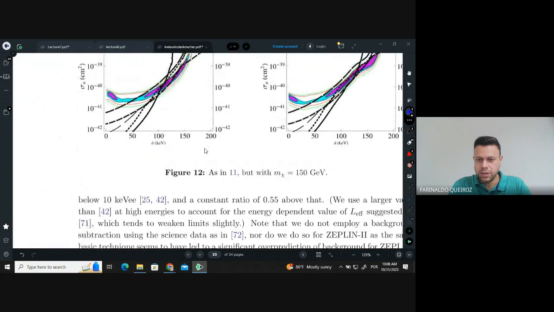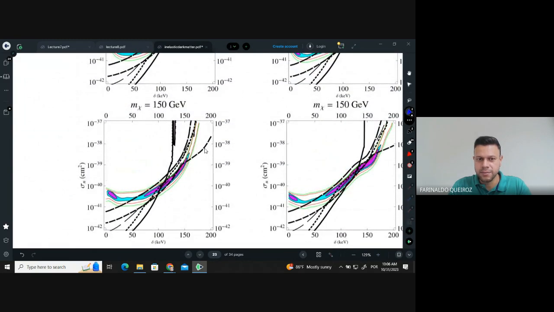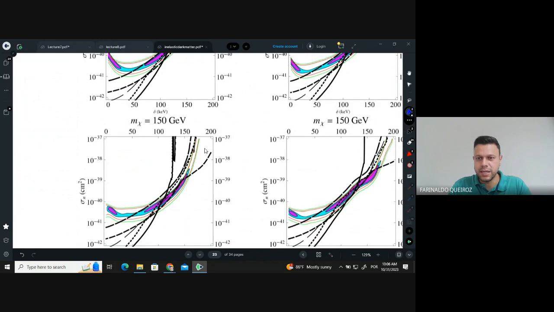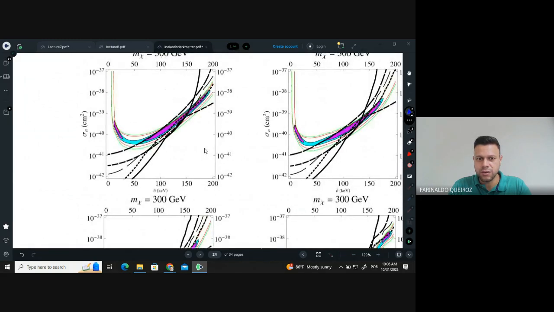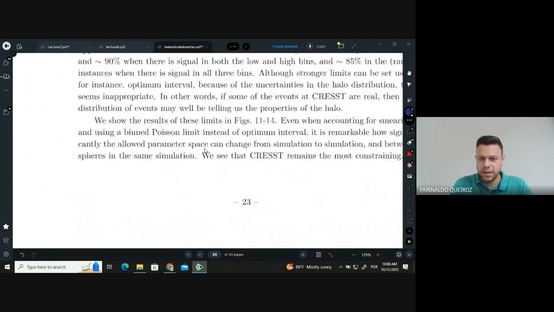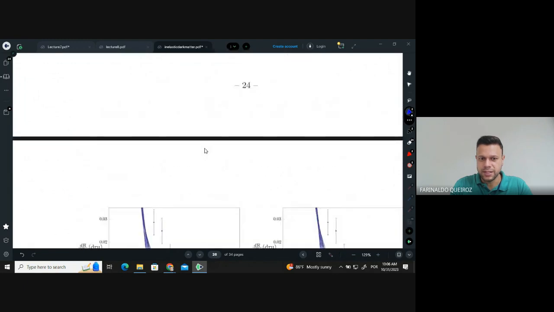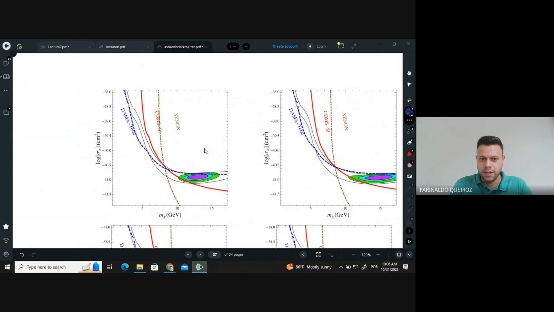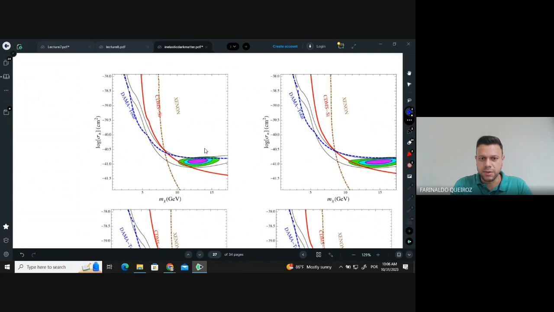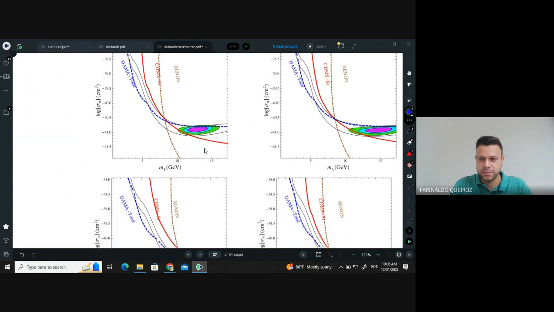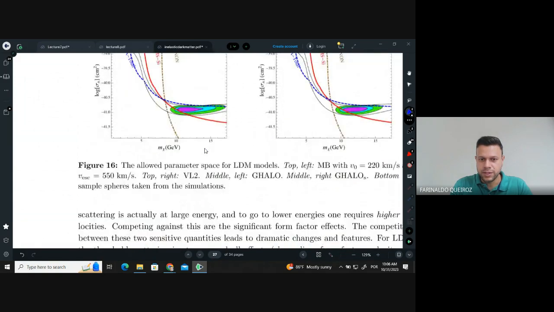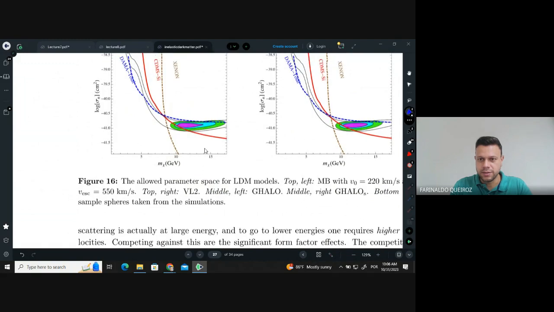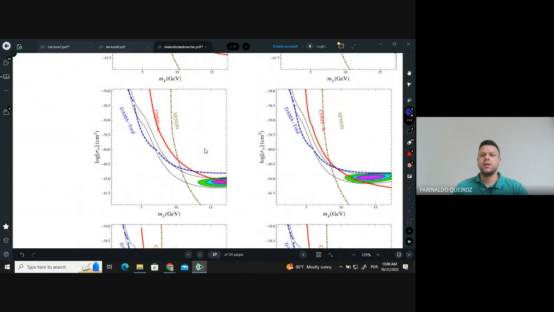Now they're picking different masses. As they increase the mass, the limit decreases, and then, see, here now you have a whole region which is okay. And then there it goes, many masses and so on. This one's more clear because of the scattering cross-section.